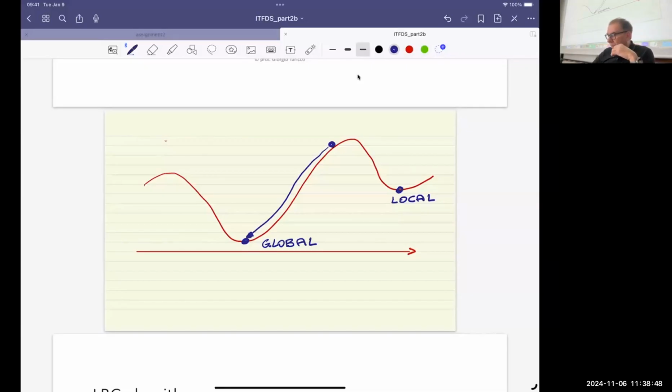But if we put it in this position, the little ball rolls down to the local minimum. But we don't know in advance where we should put our little ball in order to reach the global minimum.